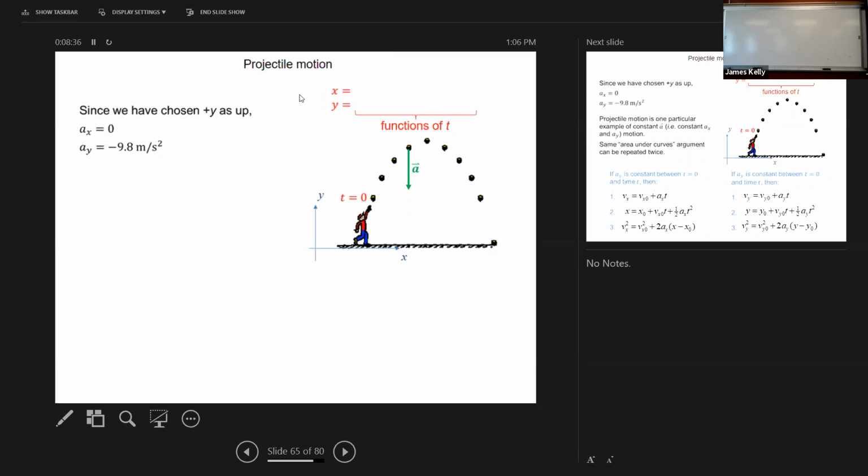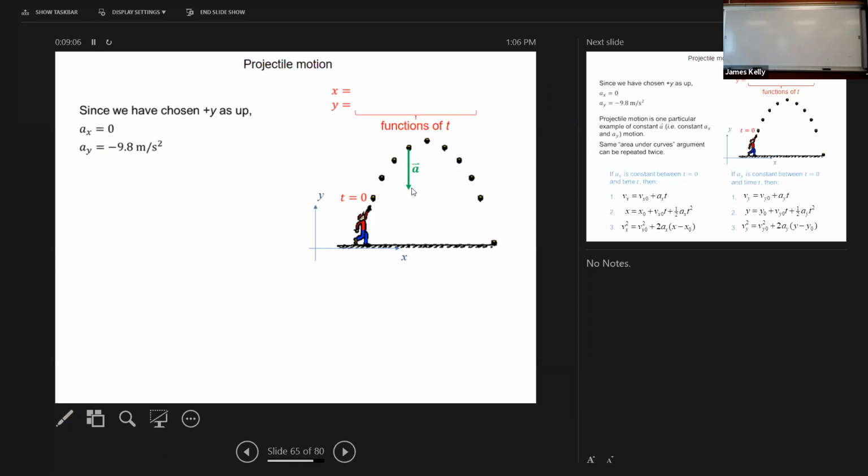The same thing is true when it's moving in 2 dimensions, but air resistance is still negligible: the acceleration is oriented directly downward towards the center of Earth, and the length of that vector is 9.8 meters per second squared. That's free fall acceleration. So in this coordinate system, because I've chosen plus y is up, ay is negative, and ax is 0, right? And going from tail to tip, I don't have to move along x at all. That's what ax equals 0 means.